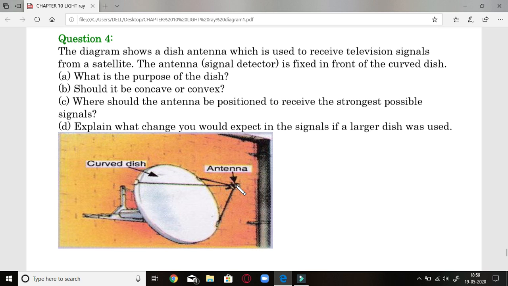The rest of you can easily identify which kind of curved dish it is. Is it concave or convex, why is it so, and why is the antenna placed at this place? You can easily link these questions with the ray diagrams. Try to find it yourself and solve it.